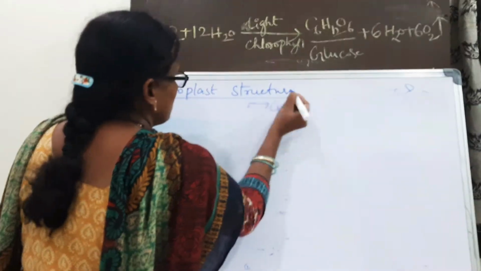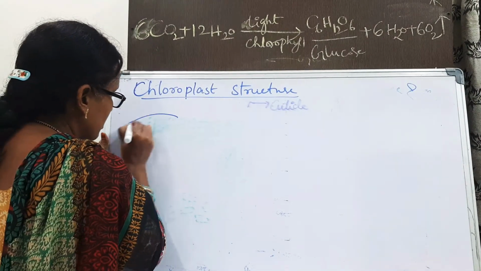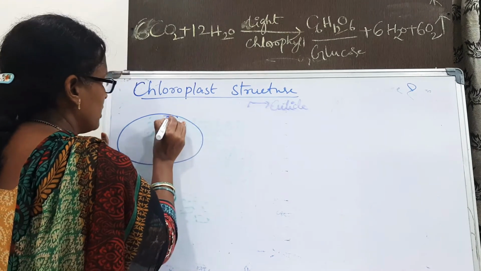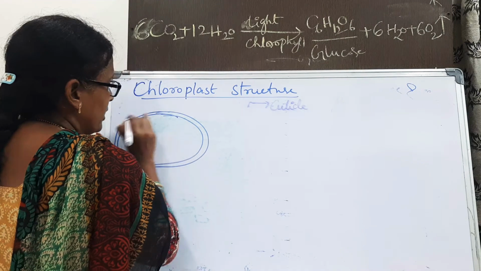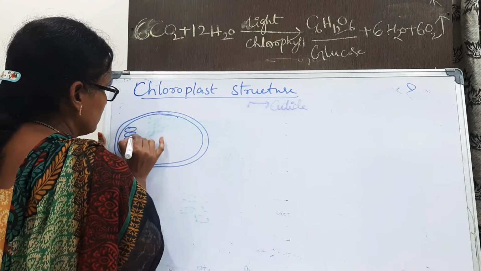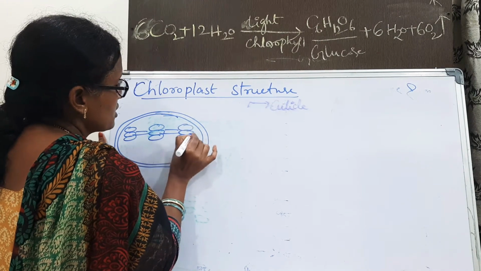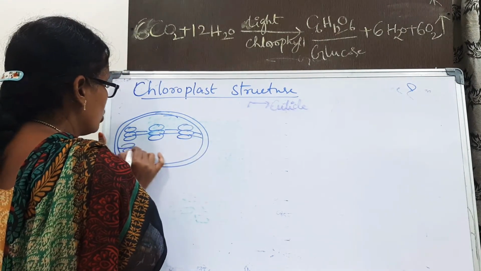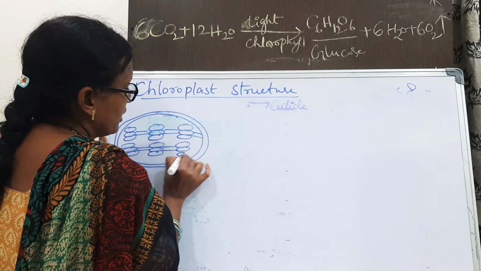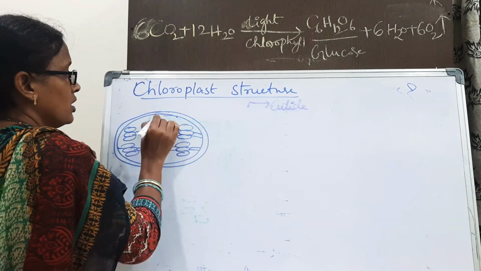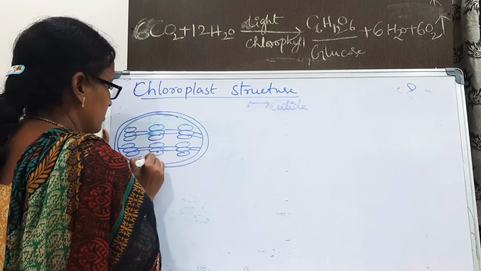Chloroplast is present in plants, an oval or differently shaped organelle. It has an outer layer and an inner layer. The diagram has been given many times for 2 marks. They simply ask to draw the diagram for 2 marks, so it is necessary to practice the diagram.